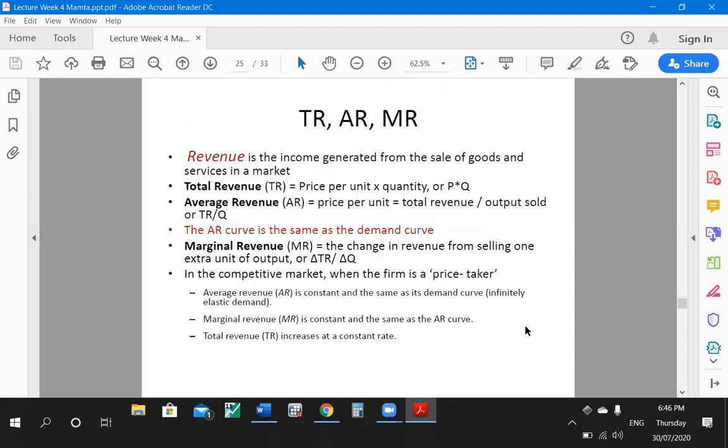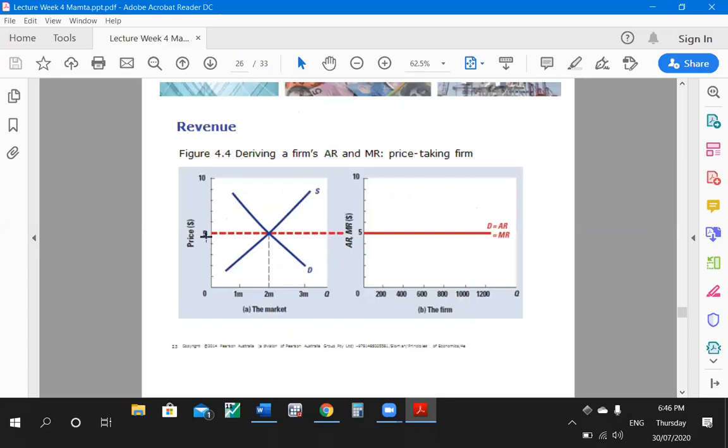And in a competitive market, remember this line is the demand curve, this the supply curve, and the equilibrium price is in here. In a competitive market, don't forget this: this is your price, marginal revenue, average revenue, everything is this horizontal line.